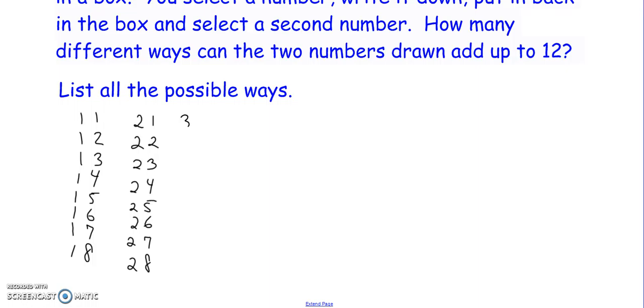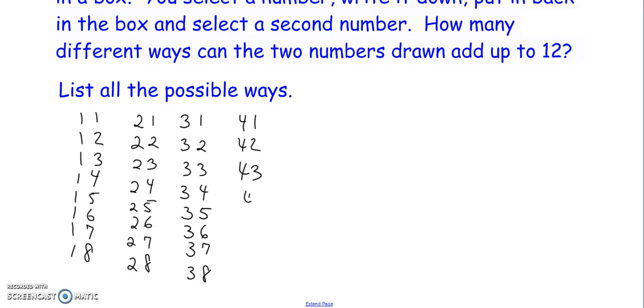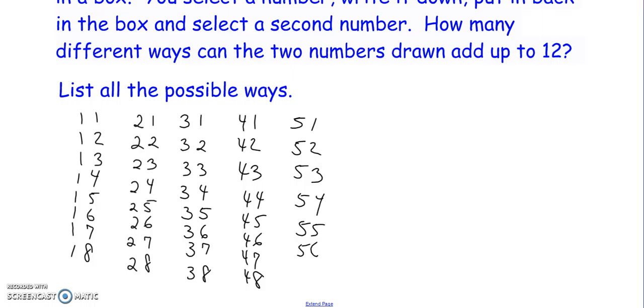So this may sound like an exercise in tediousness, but we are going to write down all the possible outcomes. So 3, 6, 3, 7. I'm hoping you see the pattern on your own and that you're capable, for at least this one time, of writing out all of the possible answers. 4, 5, 4, 6, 4, 7, 4, 8. Next column, 5, 1. It's possible to draw all my 5s. If I draw a 5 as the first number, what are the possible outcomes that I could get after that?